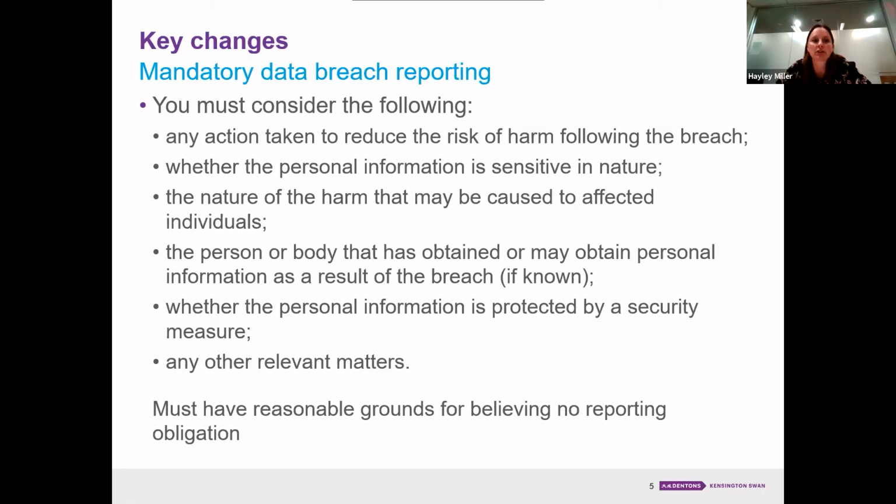These are all the things that should be assessed in terms of whether or not it's likely to cause harm. Is it a laptop without security to get through? You just turn the on button and all of a sudden you have all the data, or is it well and truly encrypted? And in actual fact, although we've lost a laptop, we're able to remotely erase everything. Those are obviously going to be quite different security measure determinations.